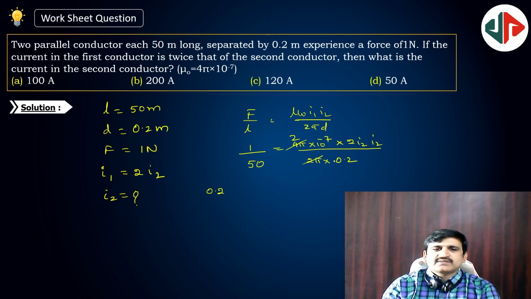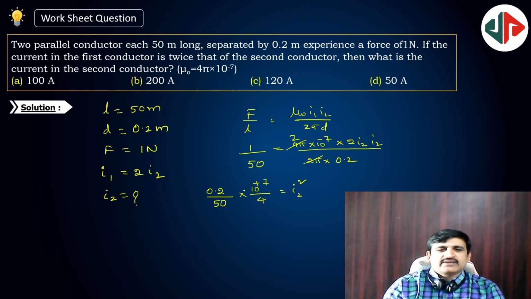Cross multiplication I am doing: 0.2 by 50 into 10 to the power of plus 7 by 4 is equal to I2 square. Let me take out zeros. 3 zeros I will take.